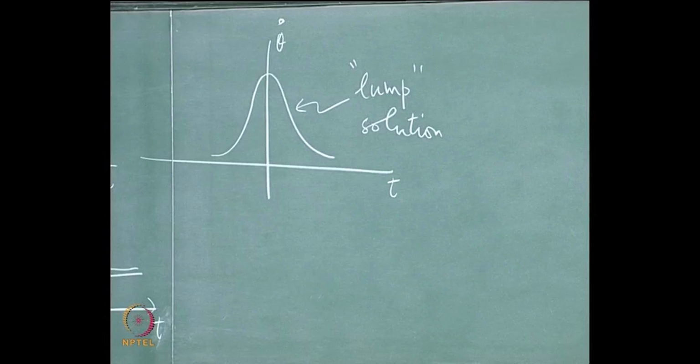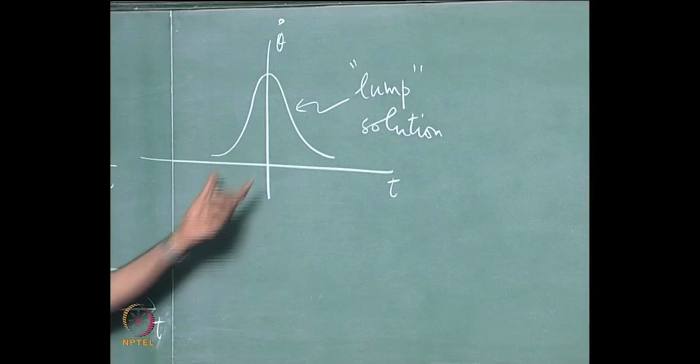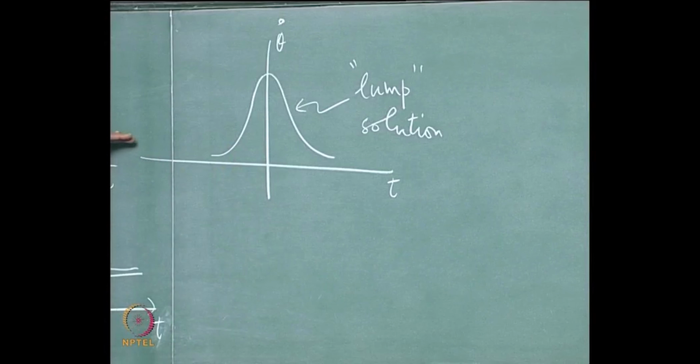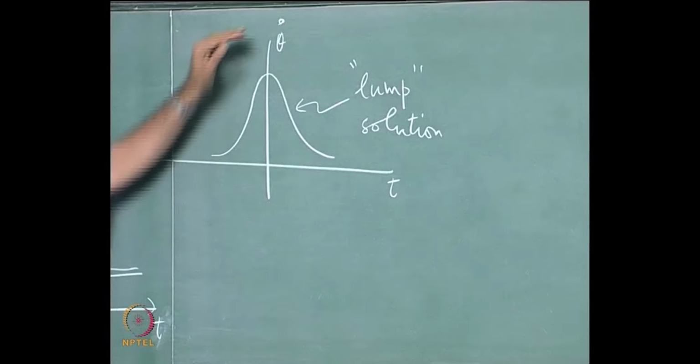This solution is related to what is called the soliton solution of the pendulum equation, of the Sine-Gordon equation, and this kind of lump solution, something which is essentially quiescent, nothing happens and then suddenly there is a little blip up there and then back down there to quiescence. This kind of thing is a special kind of soliton.